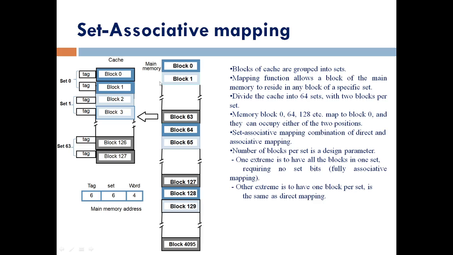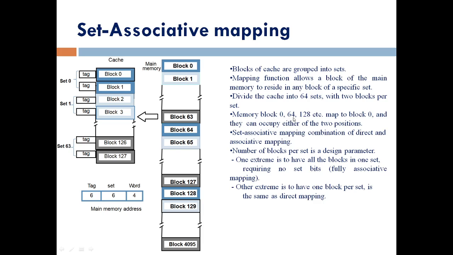So the set associative mapping is a combination of direct mapping as well as associative mapping. So here we divide the cache into 64 sets because we have 128 blocks and 2 blocks in a set. So 128 divided by 2, n by s. So that is nothing but 64 sets with 2 blocks per set. So from set 0 to set 63, that is totally 64 sets.